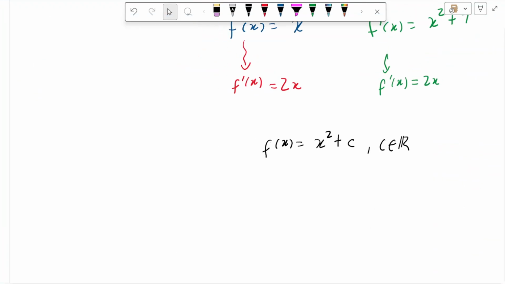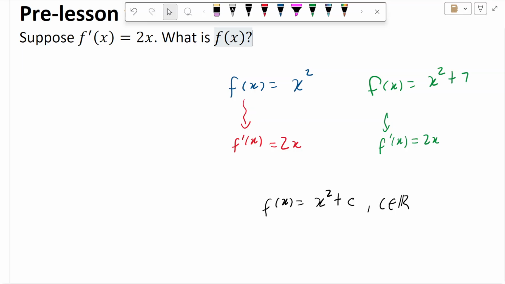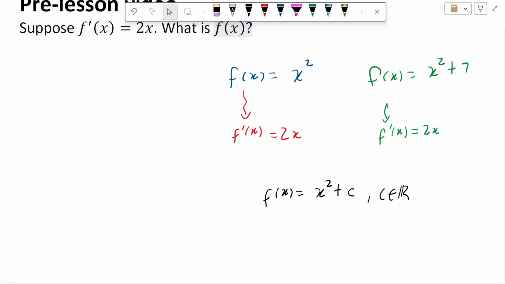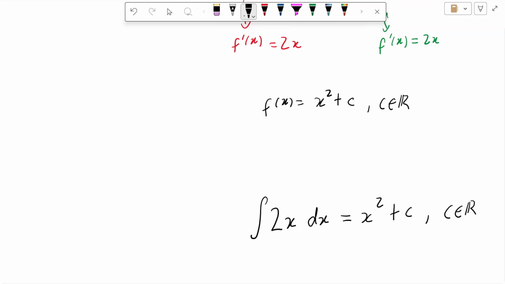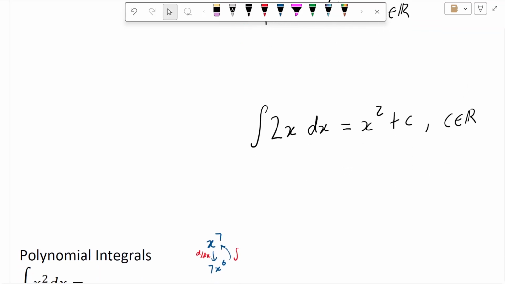Okay, so that's sort of what the plus c is all about. And we can write this in a nice concise statement. We can say that the integral of 2x with respect to x is x squared plus c. So that's what it means.